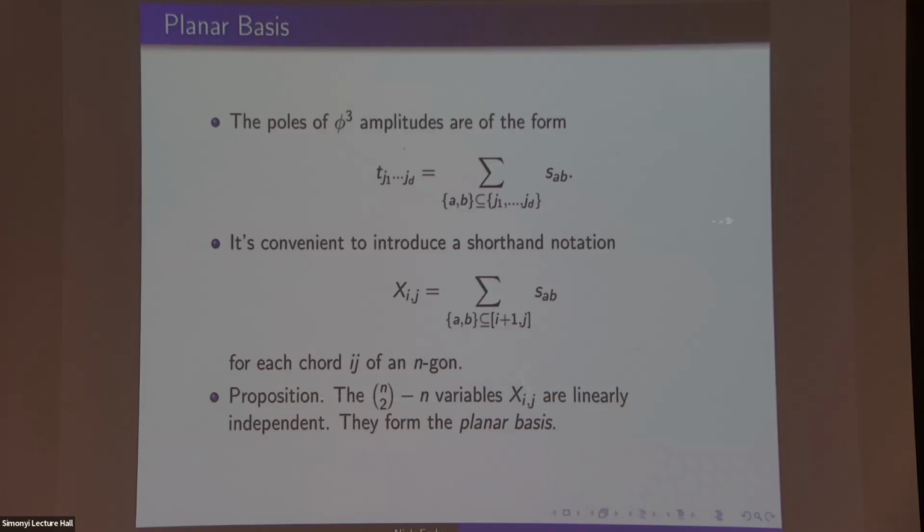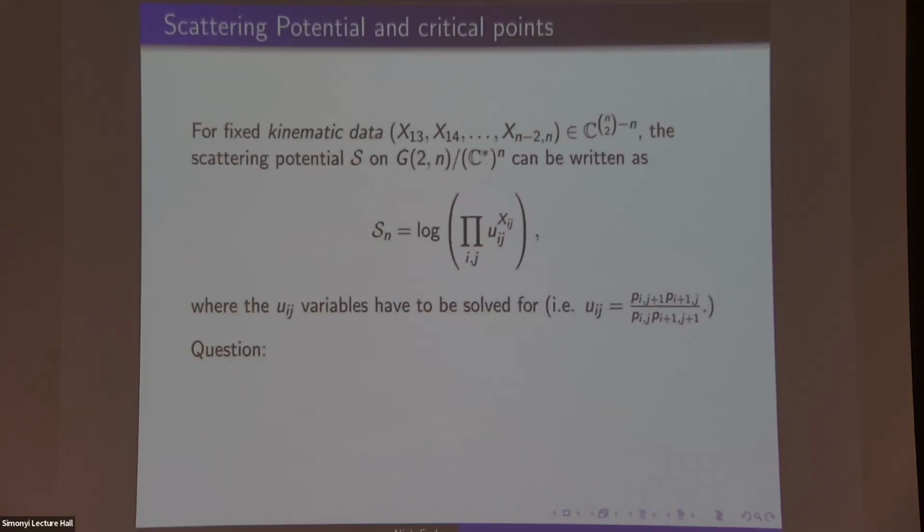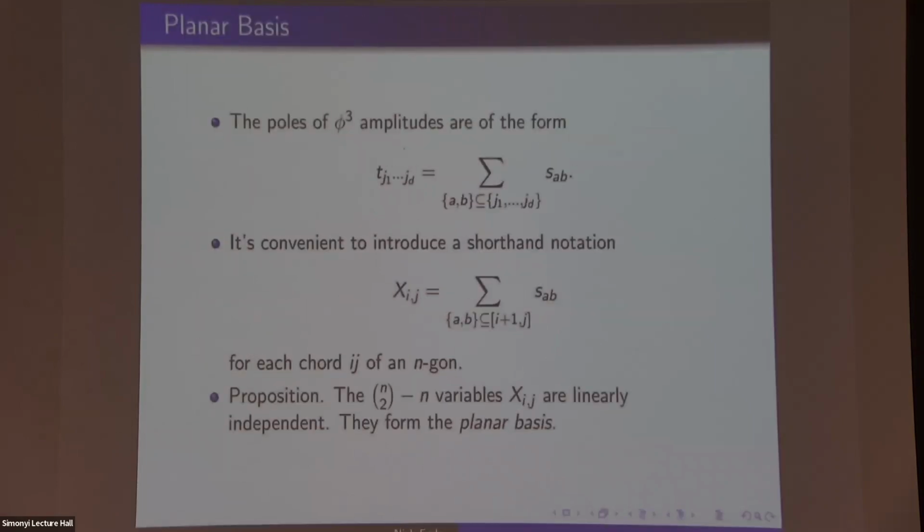Because Sii is equal to 0. So collectively, these xij's are called the planar basis, the planar basis for the space of linear functions. Sorry, I thought that the S_ab were numbers. They are coordinates on the kinematic space.